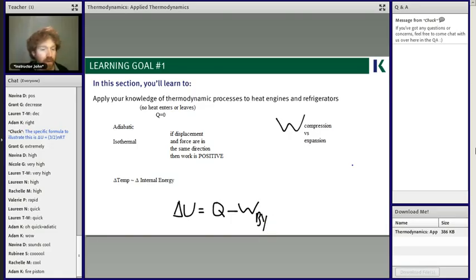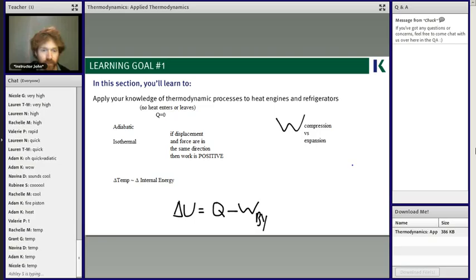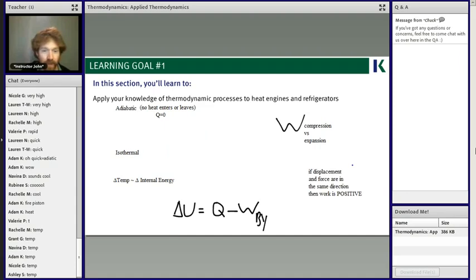So isothermal, we said that there is no change in what? No change in temperature, exactly. All right, so in isothermal, there is no change in internal energy, so no change in delta U or thus temperature.